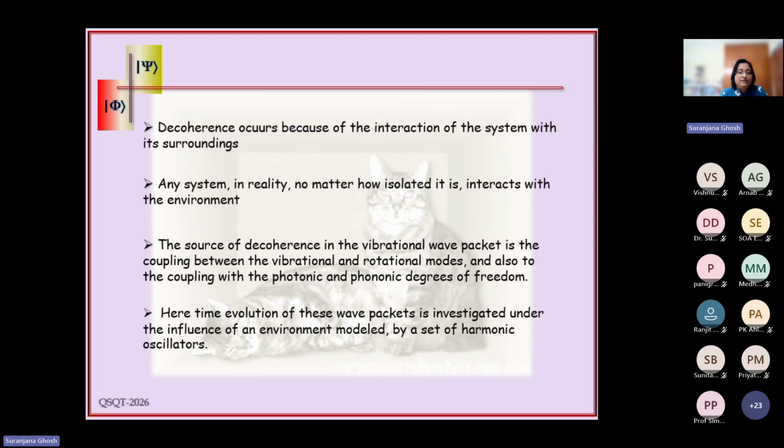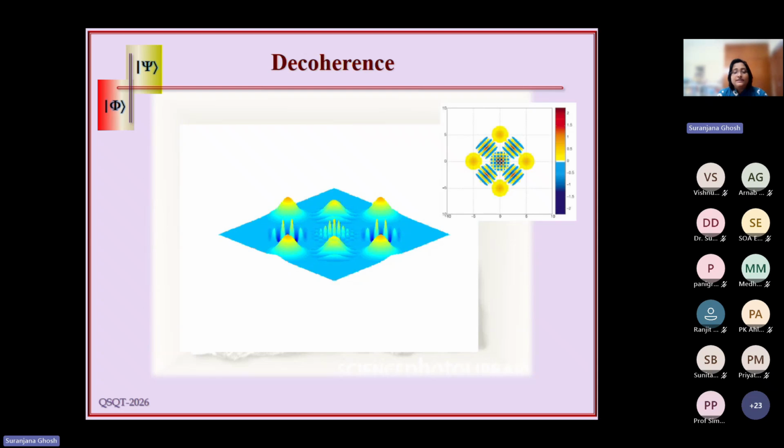There can be coupling with the rotational degrees of freedom, or coupling with the photonic or phononic degrees of freedom. And the environment we modeled with a set of harmonic oscillators, and we solved the Markovian master equation. I'm not going into the mathematical part here, just showing how it is affecting. This is for the oscillator system, as it's very well localized, so I started with that.